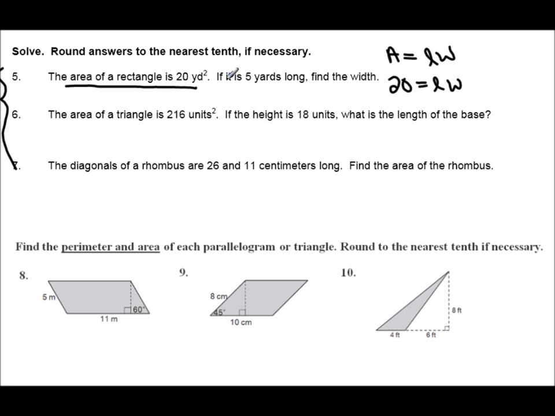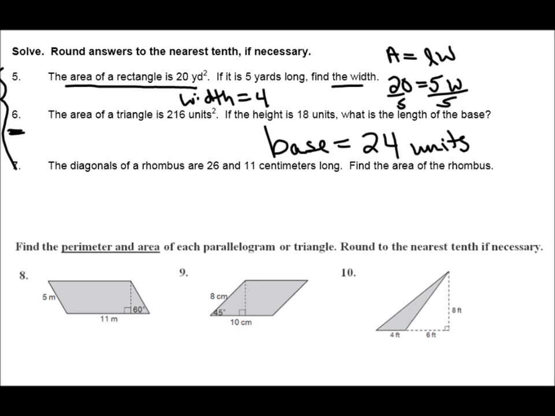If it is 5 yards long, so here they gave us the length, which is 5, find the width. So we're just solving an equation, finding a missing variable. So the width in this case is going to be 4.